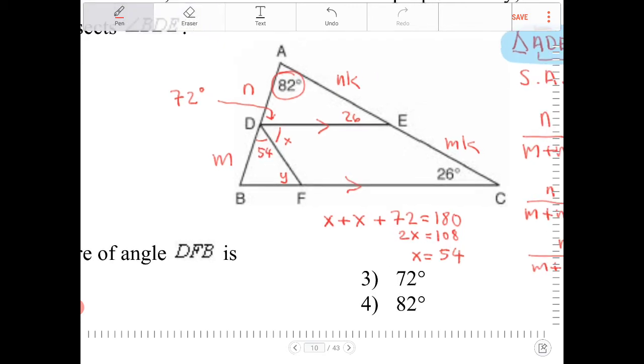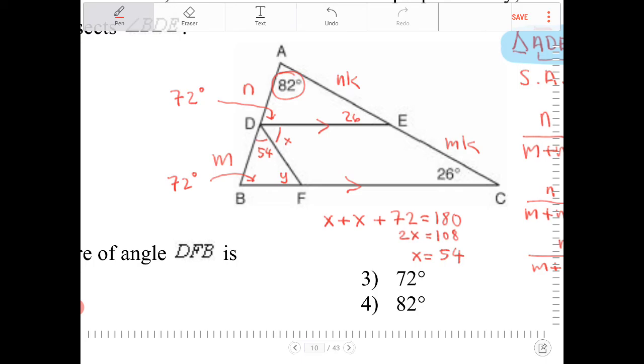And if you look at the overall triangle, triangle ABC that is, okay, I know angle A is 82, angle C is 26. This angle over here, okay, is going to be, again, supplementary to 82 and 26. Or alternatively, you can also think of this angle being corresponding to angle 72 there, right?